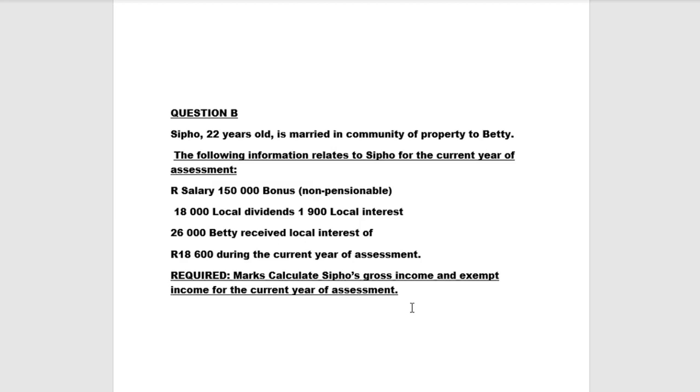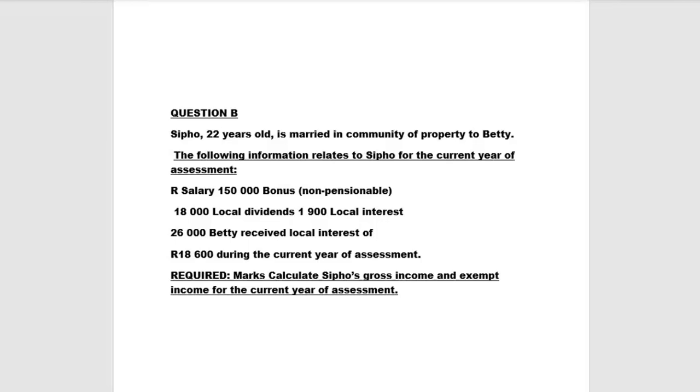All right. Sipho, 22 years of age, married in community of property to Betty, and the following information relates to Sipho for the current year of assessment: a salary of 150,000 rand, a non-pensionable bonus of 18,000 rand, local dividends of 26,000 rand, and local interest of 18,600 rand received during the current year of assessment.